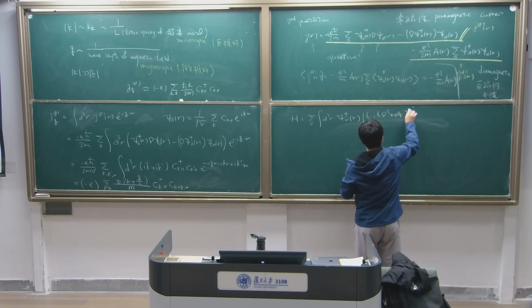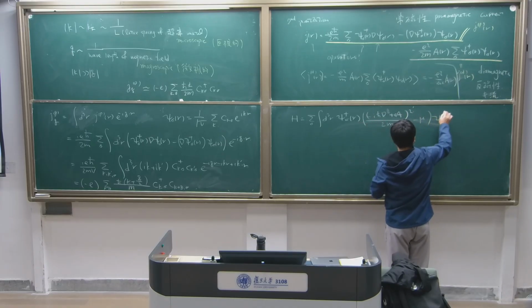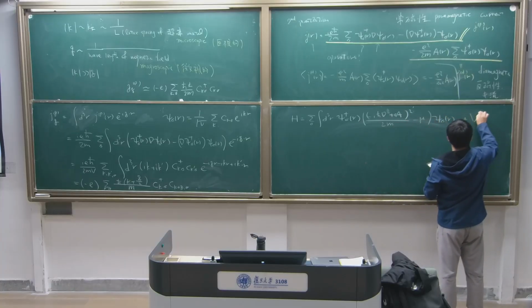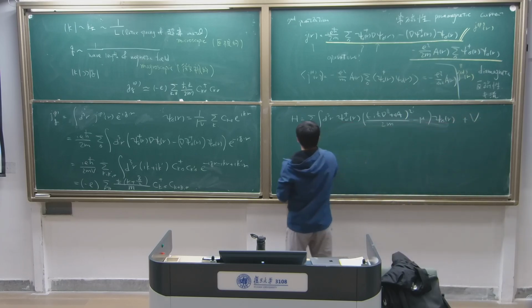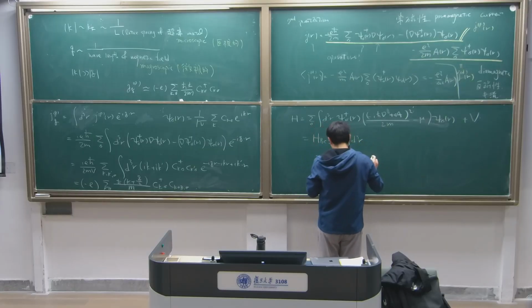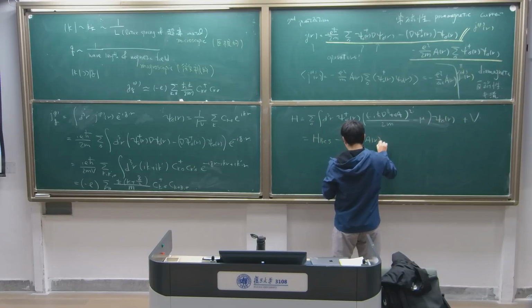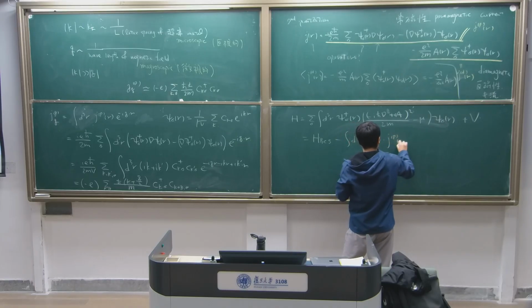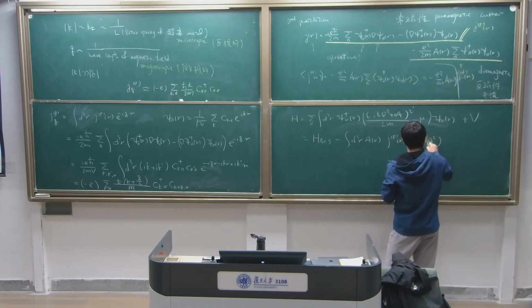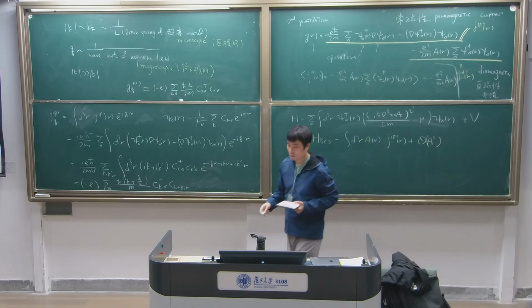And this is in fact H ECS minus d q r A of r dot J of r plus order A squared.